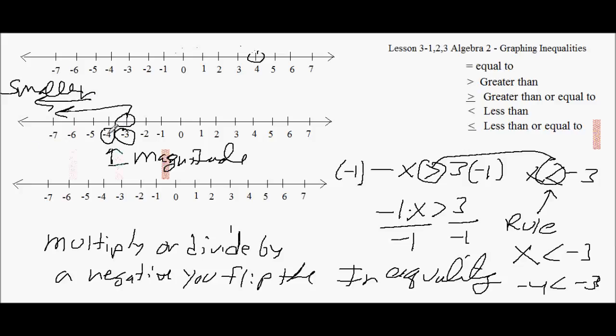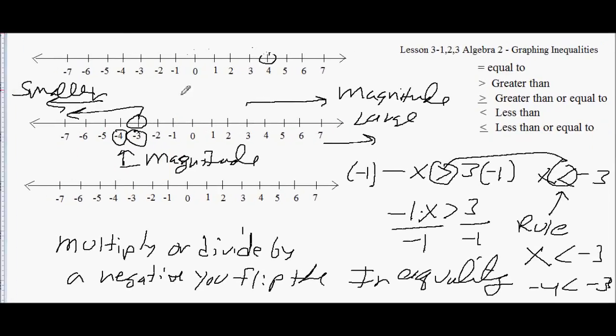Magnitude-wise, though, it's bigger, more negatives, but it's a smaller number. But this way, the magnitude and the number are both larger to the right. To the right, we get both larger and smaller negatives.